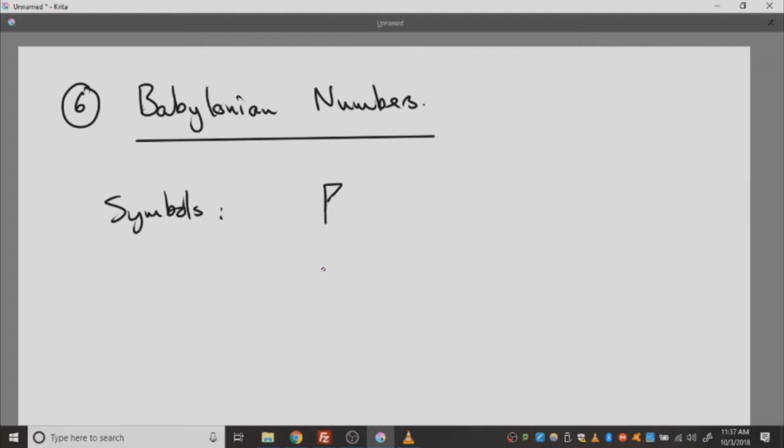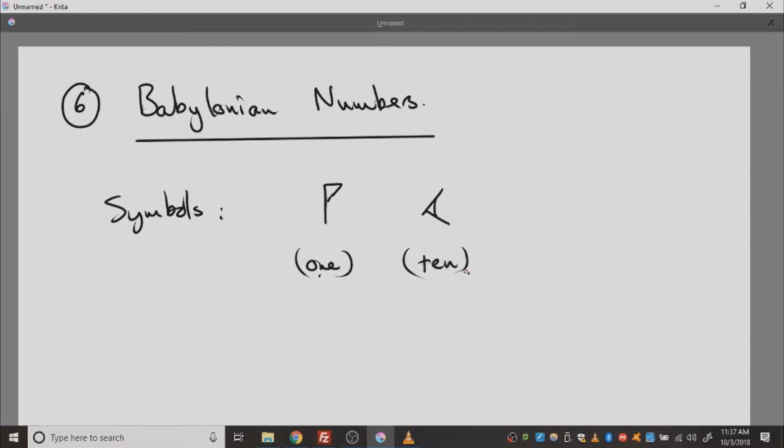That's going to be our 1 symbol. And then the 10, indented on the left, coming out of the clay, a little sort of like a less than sign, or an I. I don't know what you see when you look at that. That's going to be our symbol for 10.